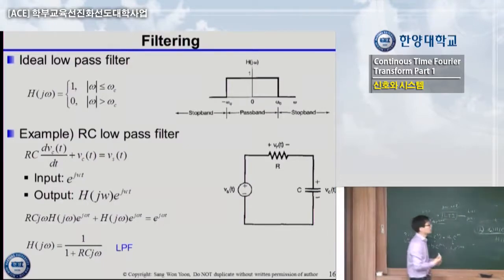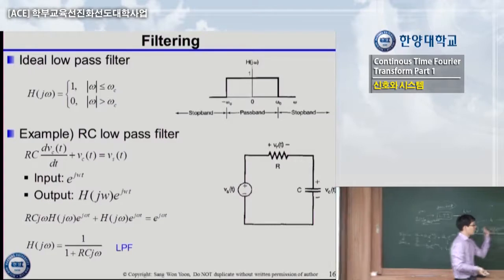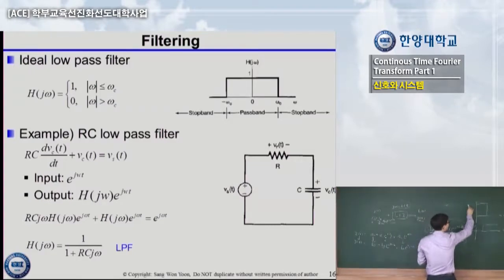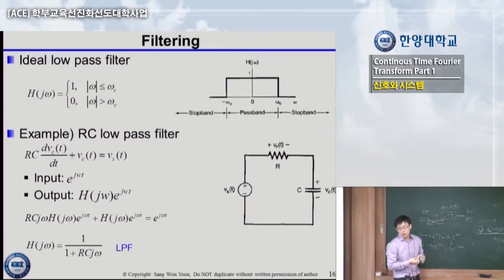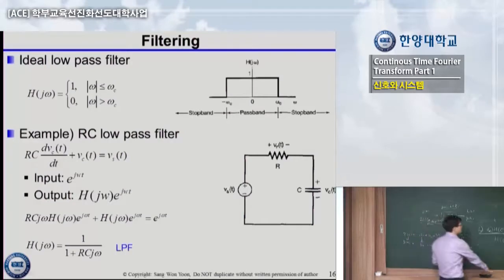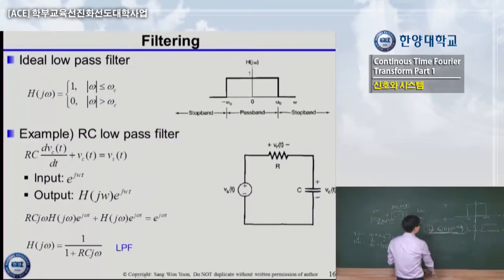In this lecture, we will have plus and minus, so we will have a symmetric structure in plus and minus. Say this is omega 0, this is minus omega 0. If you see this graph, if you have the low pass filter shown in this slide, this is how we can utilize this equation. So let me rewrite this equation right here.